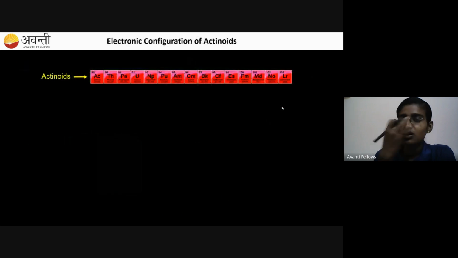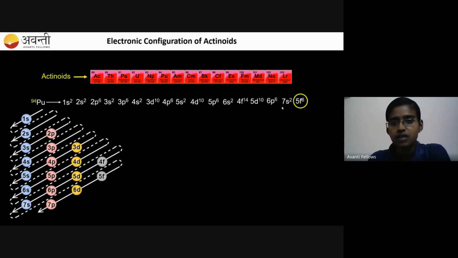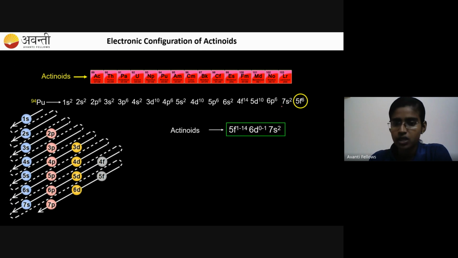Coming to the electronic configuration of actinoids, an example is given for plutonium. The last electron enters into the 5f orbital for actinoids, and the electronic configuration is 5f1 to 14, 6d0 to 1, and 7s2. Here the n value is 7, n-1 is 6, and n-2 will be 5f.